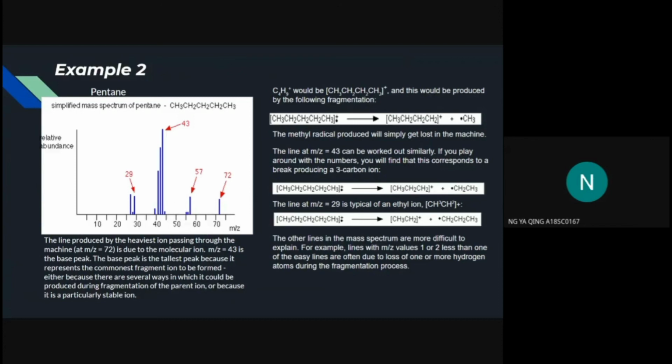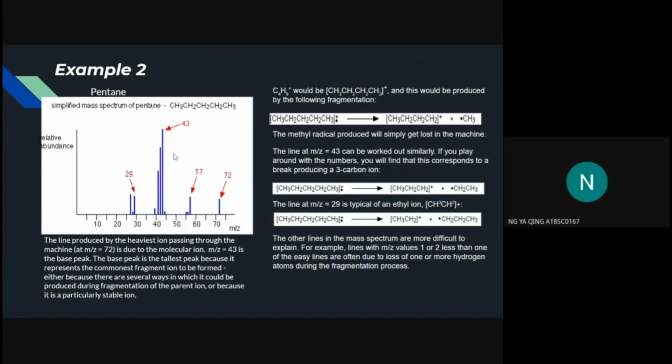At the mass to charge ratio of 57, fragmentation occurs. To get this 57, the pentane ion produces a cation which consists of 4 carbon atoms and 1 methyl radical, and the methyl radical produced is lost in the machine.